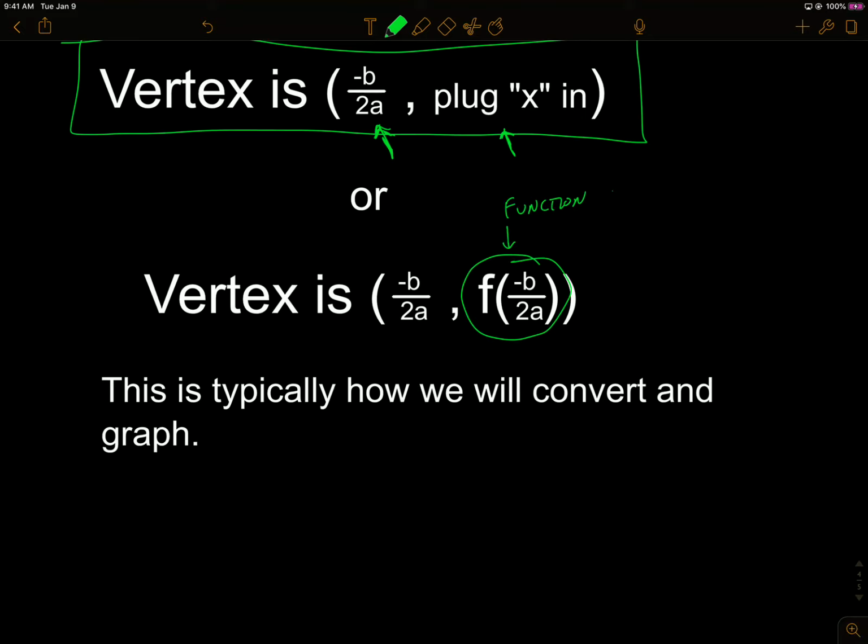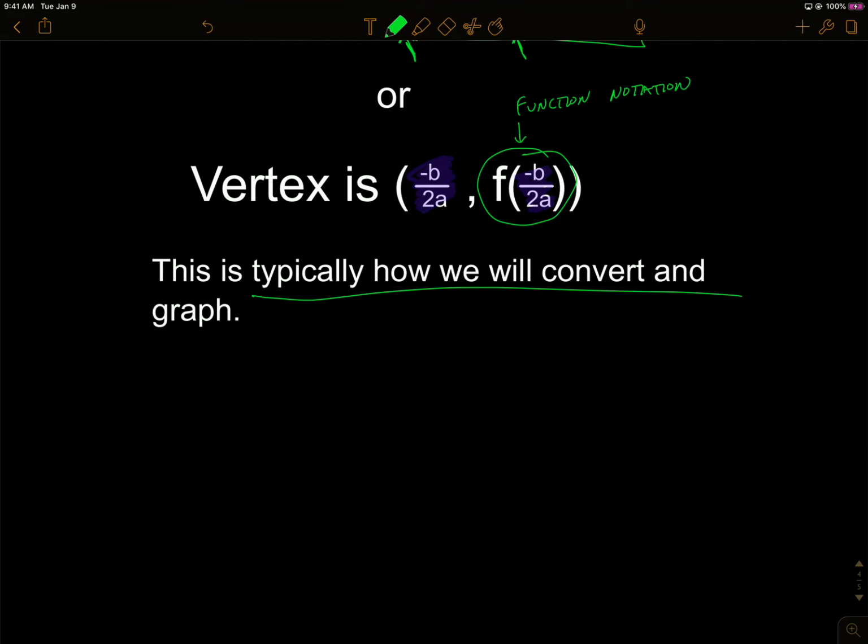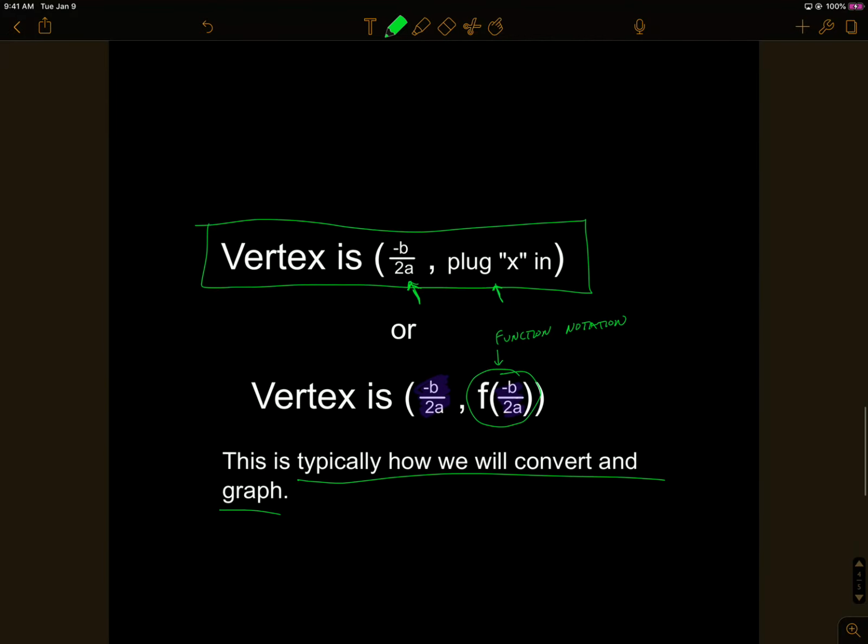Since we're learning that, we should practice it. This f of that just means take your answer. Notice this part in here is the same as this part over here. So we're just saying take the answer you got for x and plug it into the function. This is typically how we will convert from standard form to vertex form.